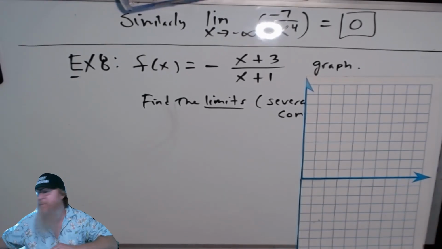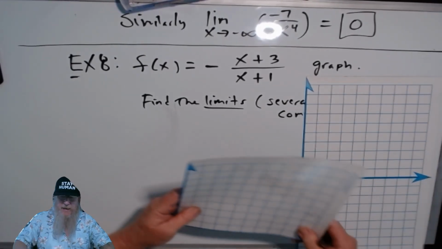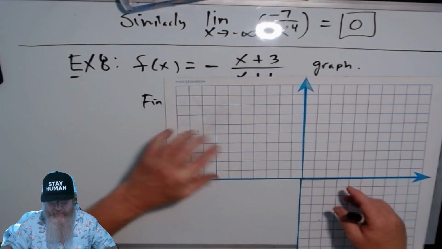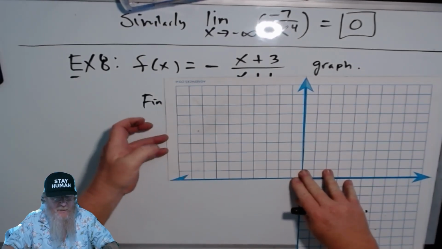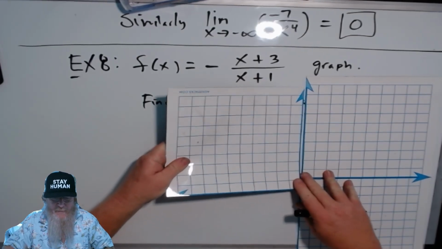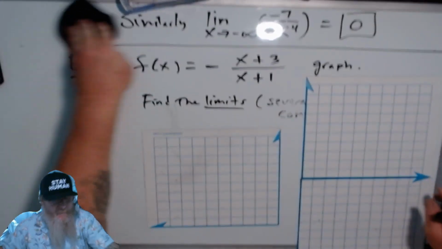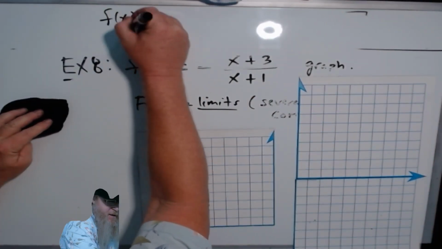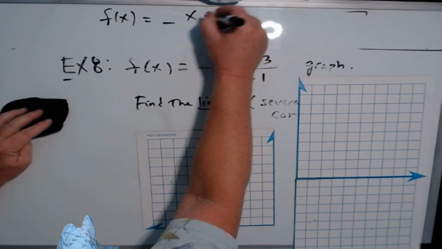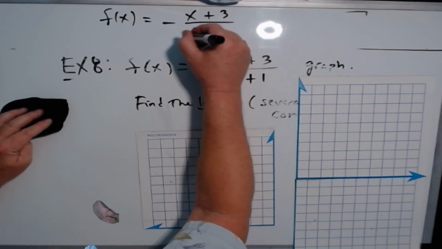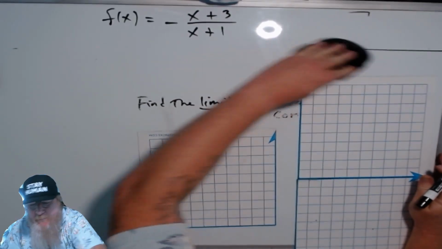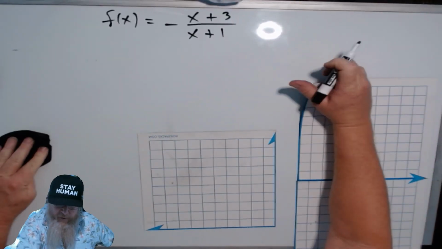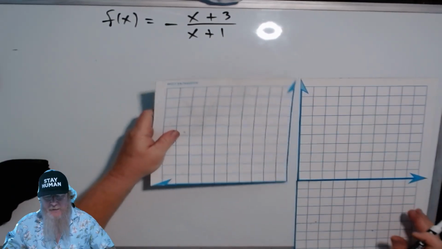One thing I do when I'm graphing these functions is I like to rewrite the function. So f of x is negative x plus 3 over x plus 1. And I'll show you all the points and the limits and such as we move along.